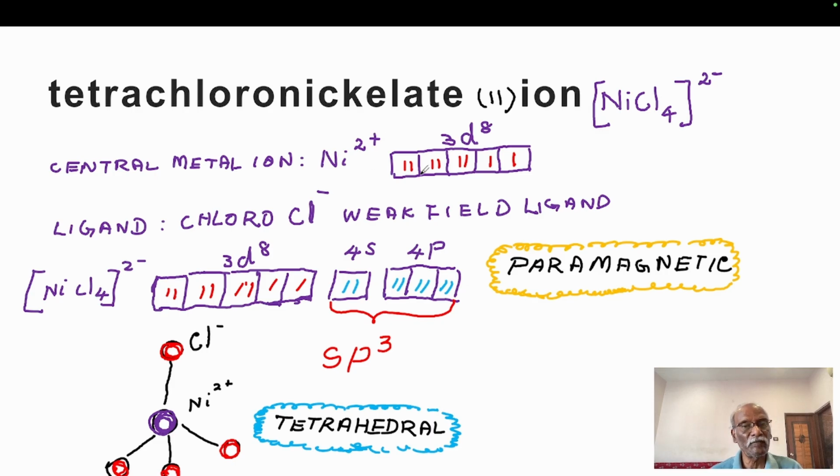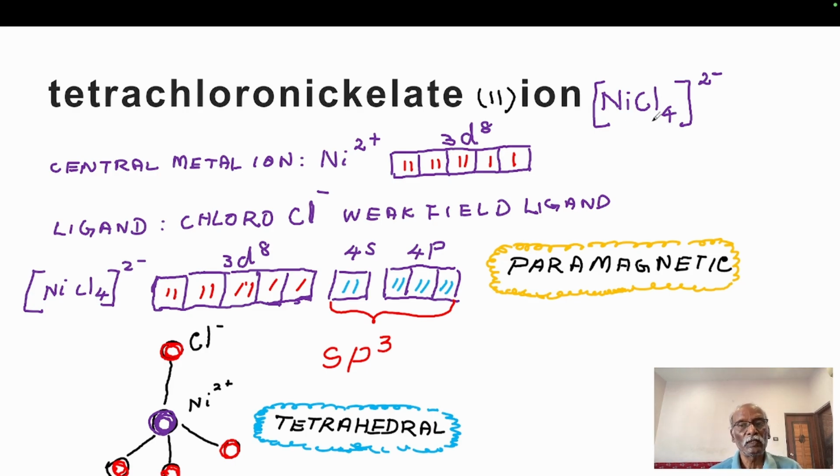Its electronic configuration: 3 paired electrons, 2 odd electrons. Thereby, 3d8 electronic configuration just like that with the 2 unpaired electrons. Now, a weak ligand. How many weak ligands are there? 4. The coordination number of nickel here is 4.